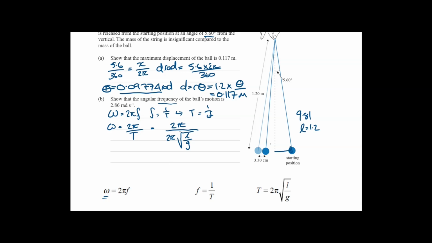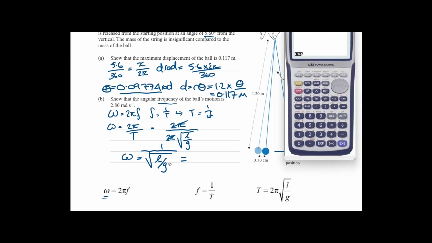Now, if you notice, the 2 pi's are going to cancel. So the angular frequency is going to be 1 over the square root of L over g. Okay, so now when we put those numbers in, we should get the answer that we're looking for.